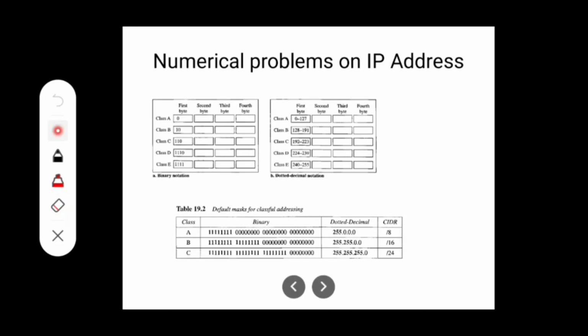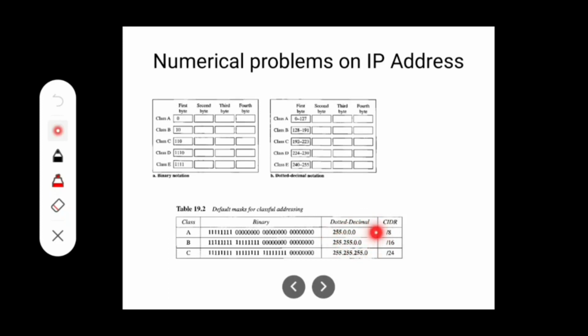In class A addressing, only the first byte will be the network ID, and the remaining 3 bytes will be the host ID. So here the default mask will be 255.0.0.0. The first byte will be intact, and the second, third, and fourth will be changing.